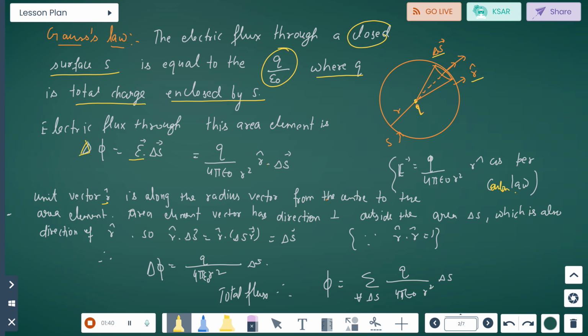Area element vector has direction perpendicular outside the area delta s, which is also the direction of r vector. So r dot delta s equals delta s. Since r dot r equals 1, we get delta phi equals q by 4 pi epsilon naught r square delta s.